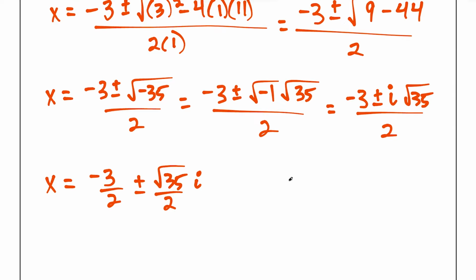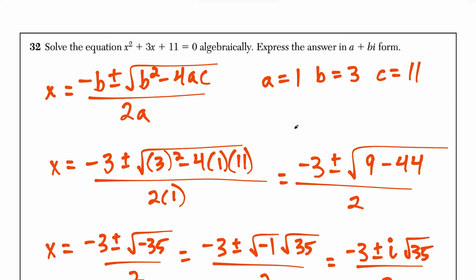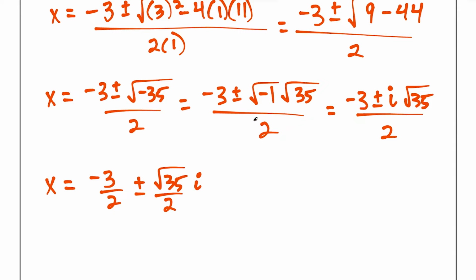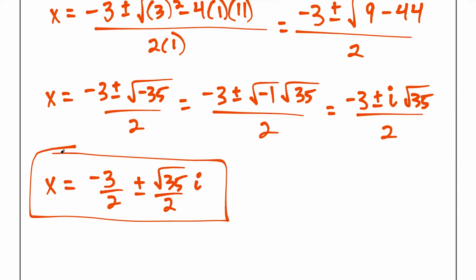We can say I radical 35 over 2, but technically the question is asking us to write this in A plus BI form. So I like to write the coefficient of I in front like this so that it's truly in that form. If you don't do that, they're not going to take off points. But once again, if the question is asking for something, I like to write the answer exactly as they ask for it. That way, there's no chance of them taking off points.